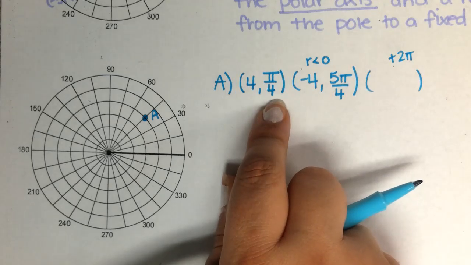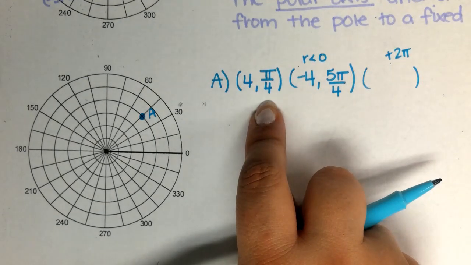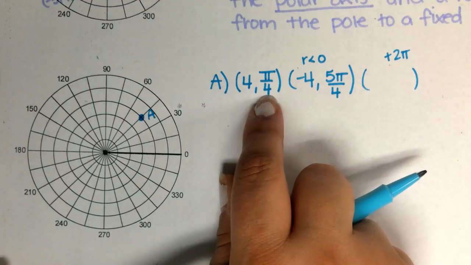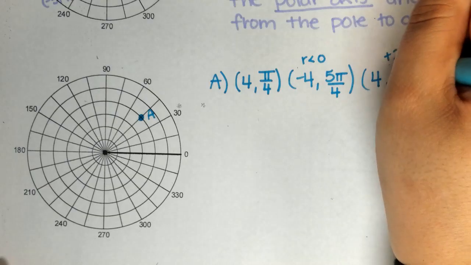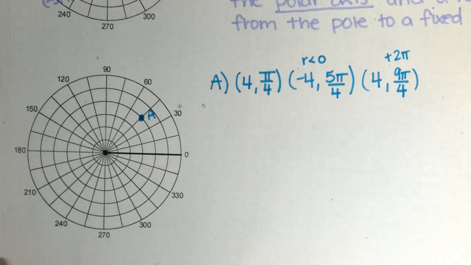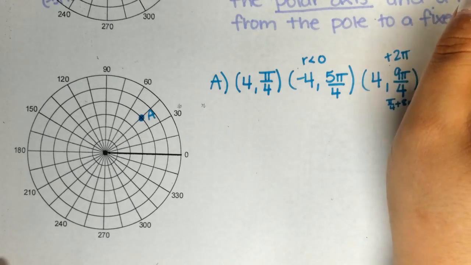Louder? 9 pi over 4. Do you agree 2 pi is equivalent to 8 pi over 4? And then pi over 4 plus 8 pi over 4 is 9 pi over 4. Does everybody see how I got 9 pi over 4? Add 2 pi, which would be 8 pi over 4.